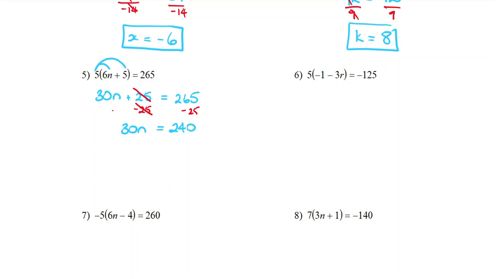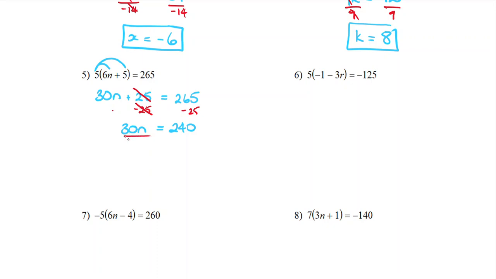All right, now you're ready to do your 30. What are you going to do with it? It's next to the n. Next to means times. So what's your opposite? Divide.